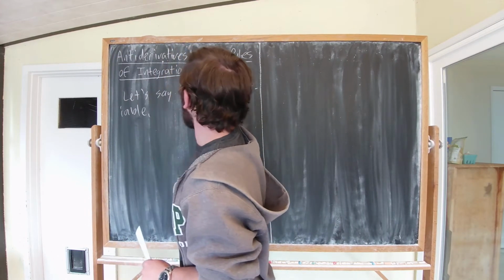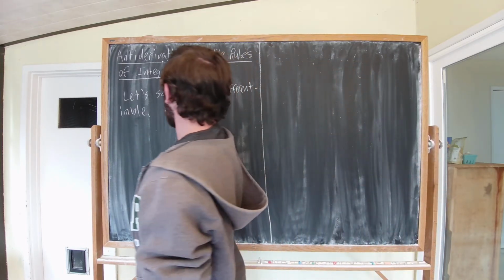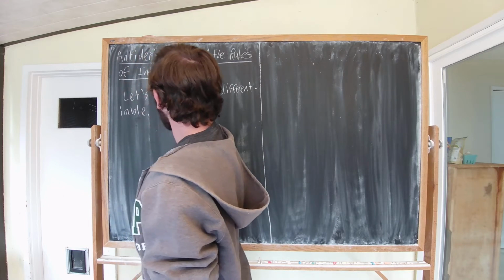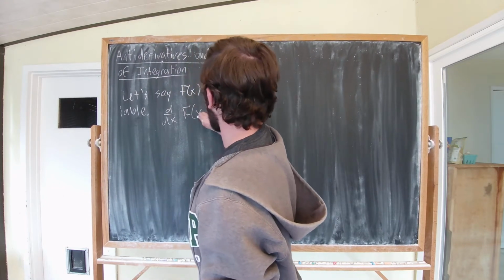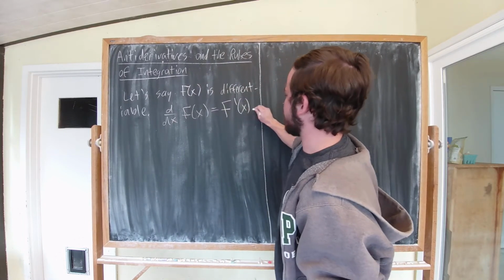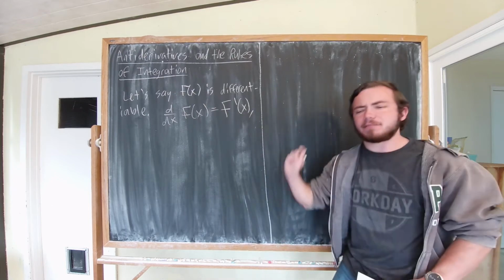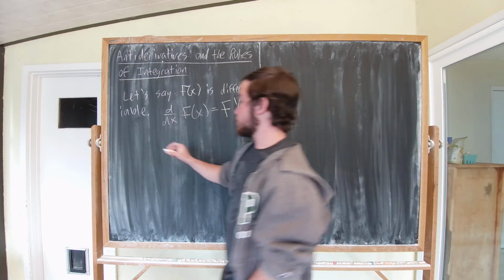So we have some function capital F of x. Well then, the derivative of capital F of x will be f prime of x, but that's not the only function with derivative f prime of x.